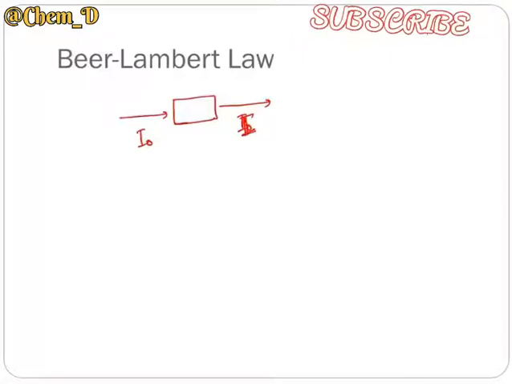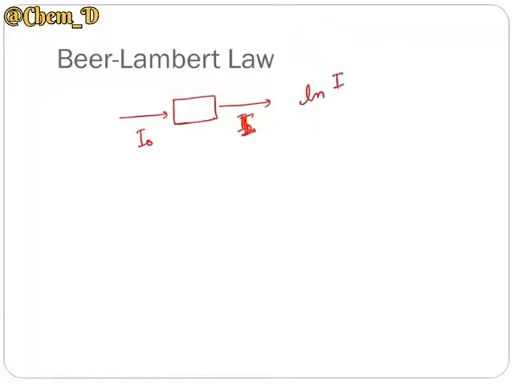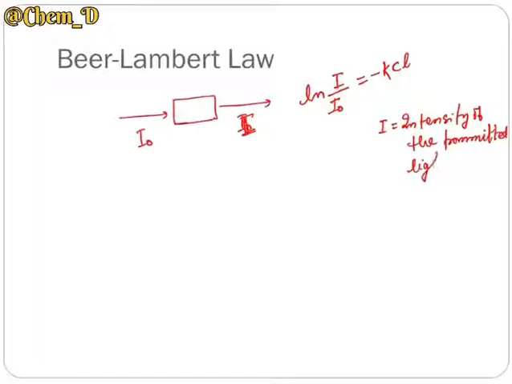According to Beer-Lambert law, log natural I by I0 is minus k C L. Here I is the intensity of the transmitted light, and I0 is the intensity of the incident light.